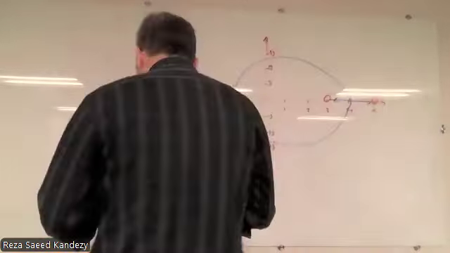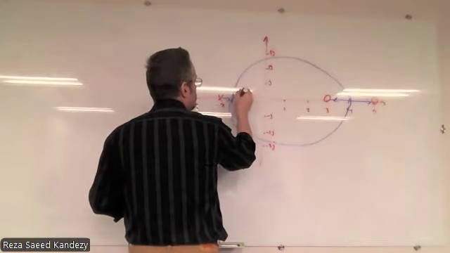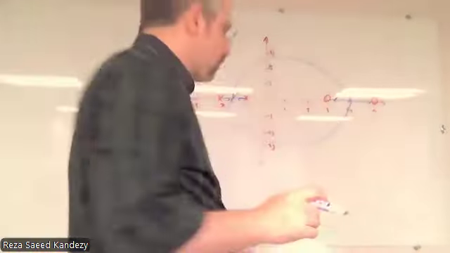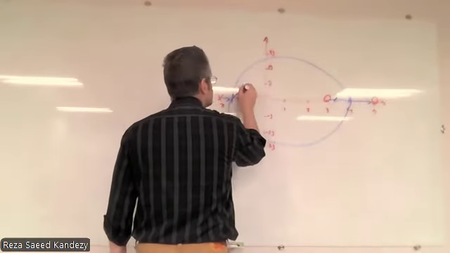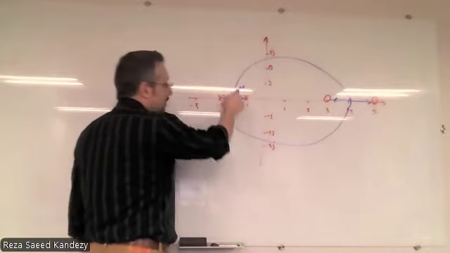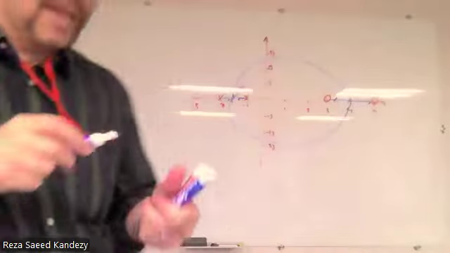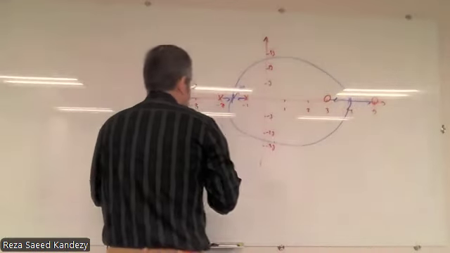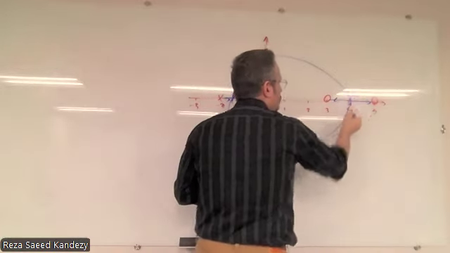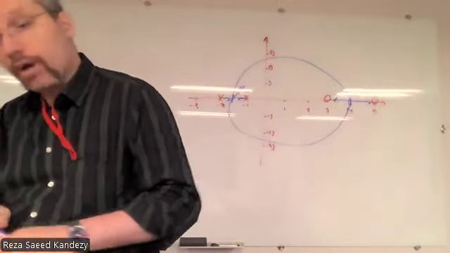Now, we have 2 points here. Let's call this delta 1, and here, let's call it delta 2. At delta 1, we are leaving the real axis. At delta 2, we are entering the real axis. Are we good?